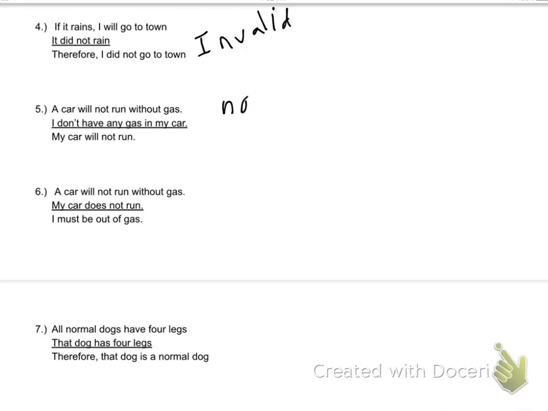No. It's saying no gas, no running. My car does not run. I must be out of gas. Oh, wait, sorry. I read number 6. Yeah, I don't have any gas. My car will not run. That is valid.